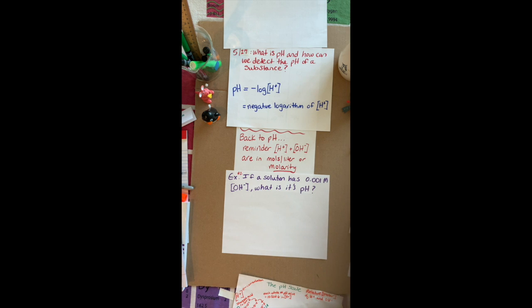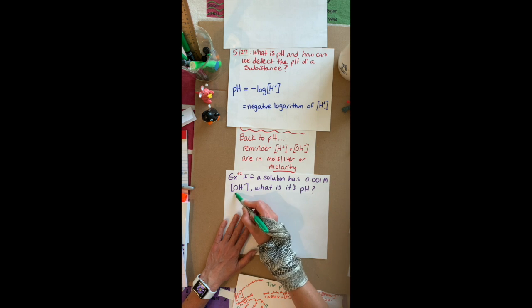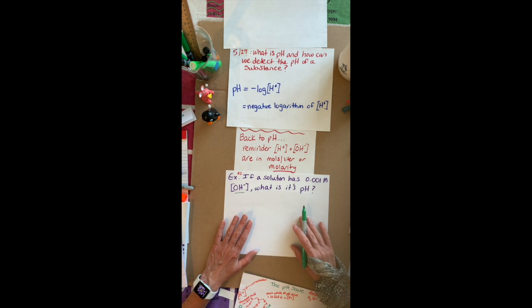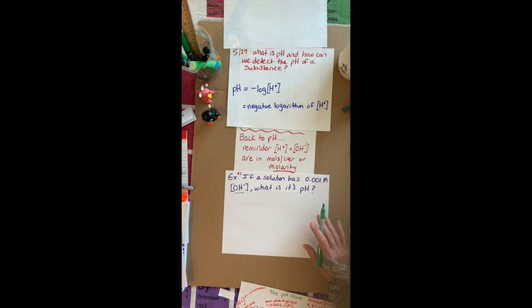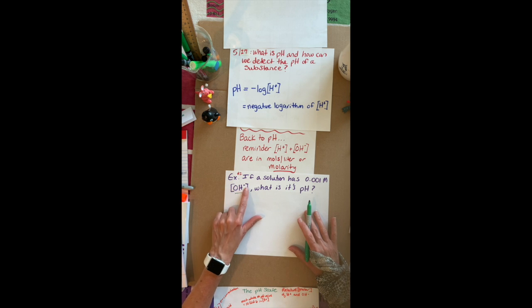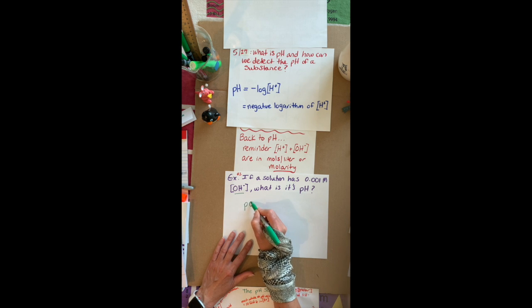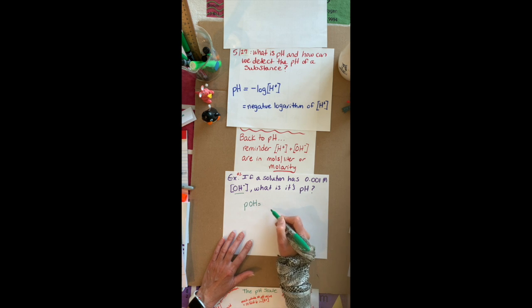Let's look at another example. If a solution has 0.001 molar hydroxide ion concentration, what is its pH? So now this one, we need to think about the power of the hydroxide first, and then think about how that relates to the hydrogen concentration. So pOH, by the way, has the same equation.